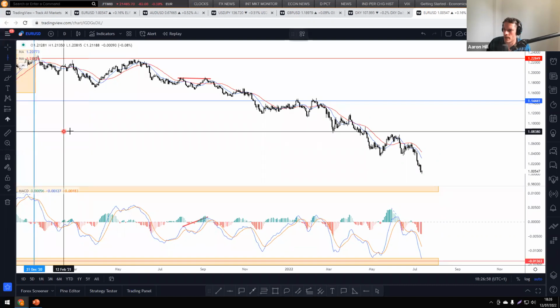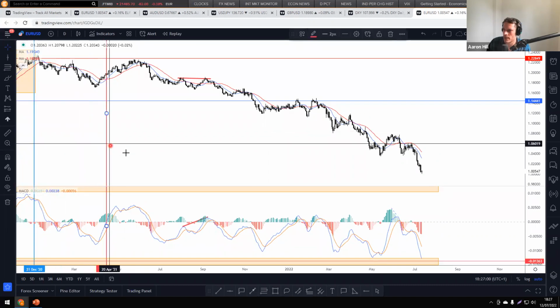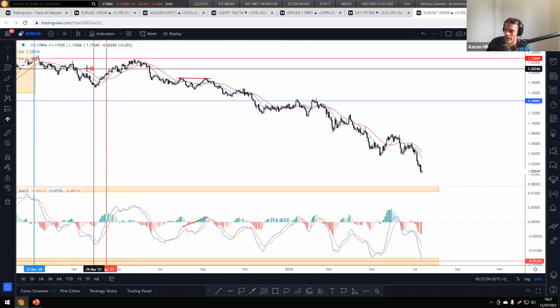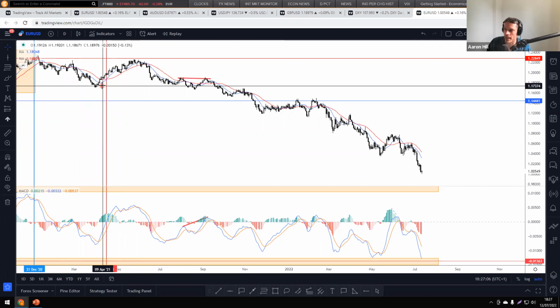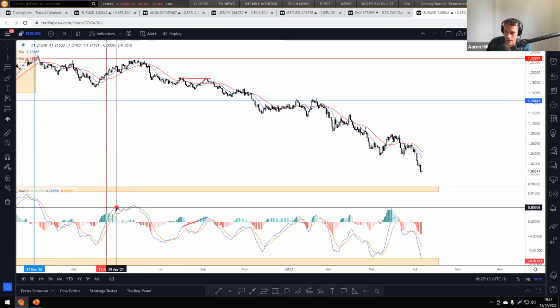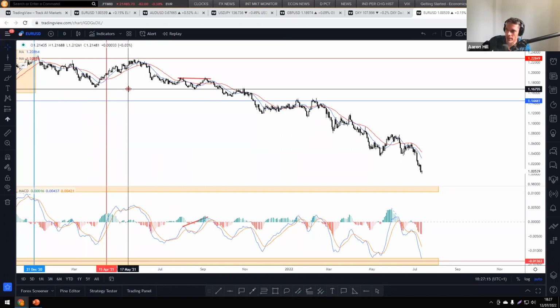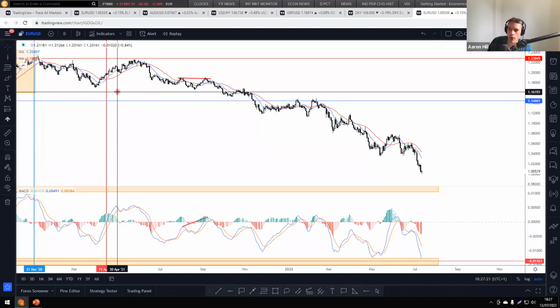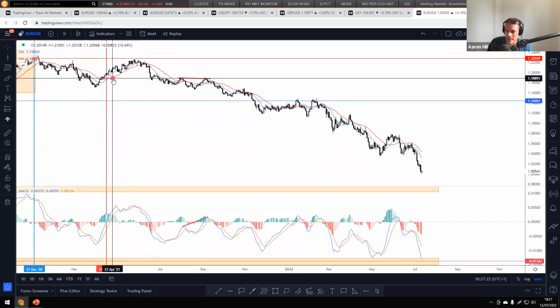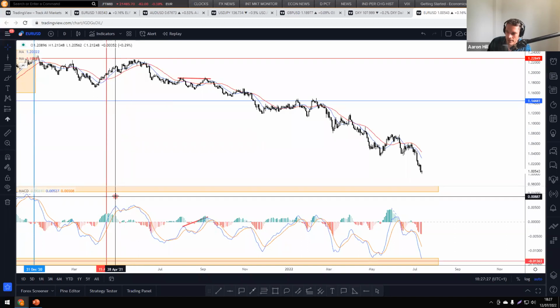This orange line and this blue line are actually the 12 and 26-day EMAs, which the MACD line is calculated from. So when the blue line on the main price chart crosses above the orange line, the 26-day EMA, what happens?